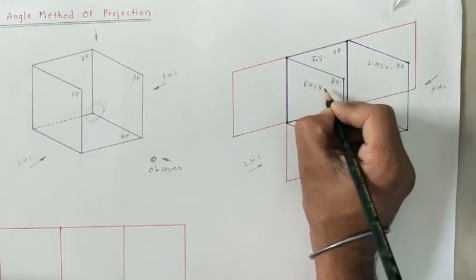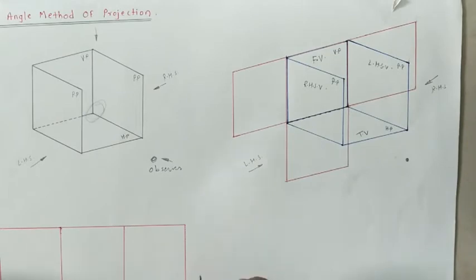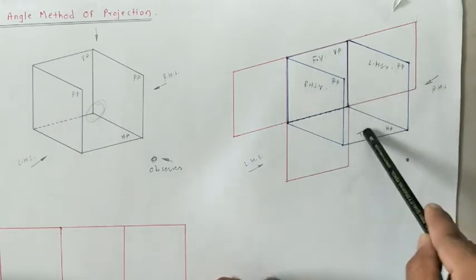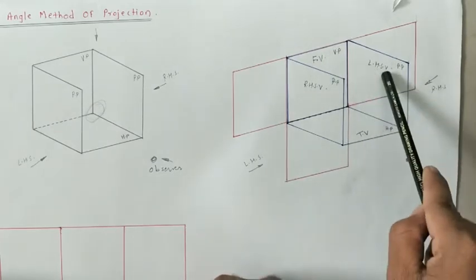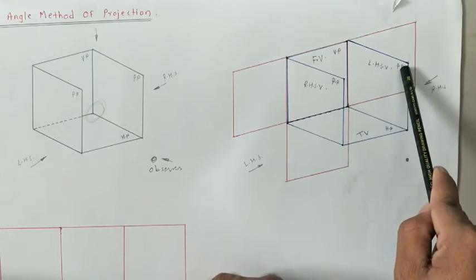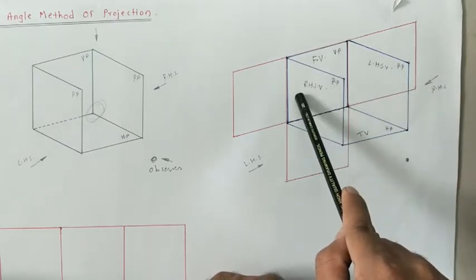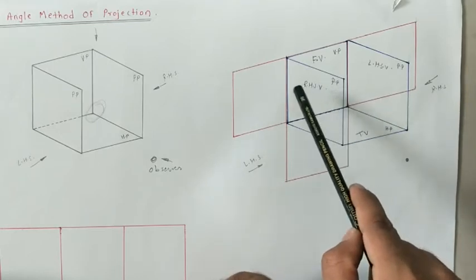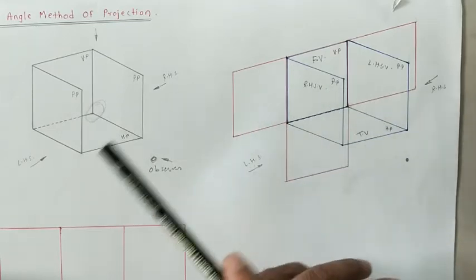See, it's very simple, no need for any confusion. Now you can see that the front view appears on the vertical plane, the top view on the horizontal plane, the left hand side view on this profile plane, and the right hand side view on this profile plane.